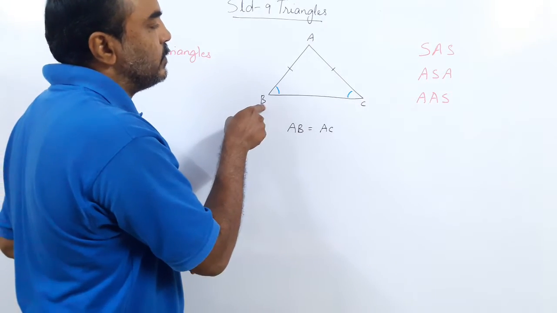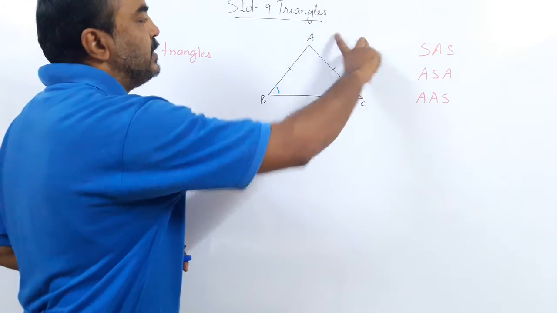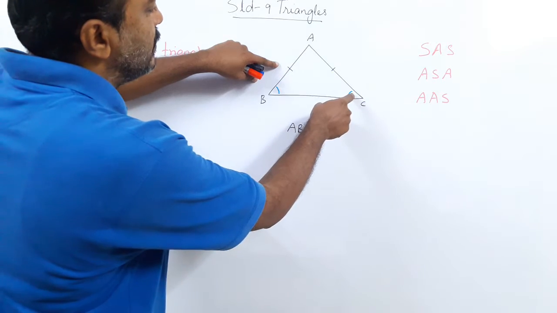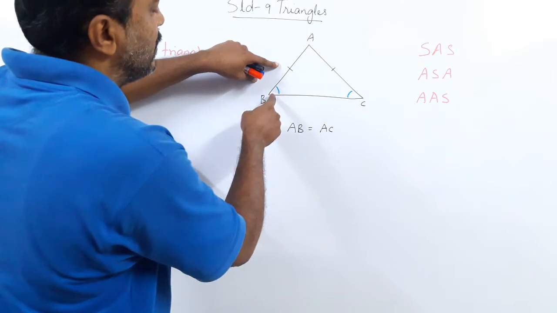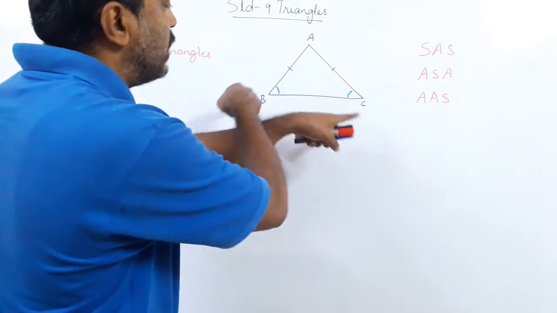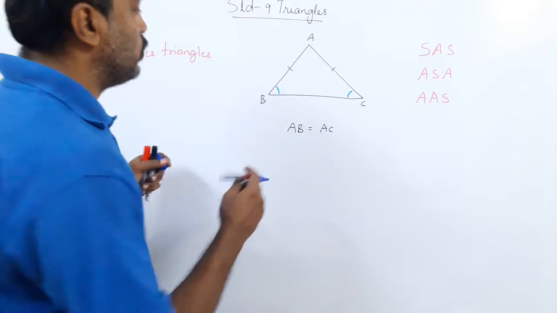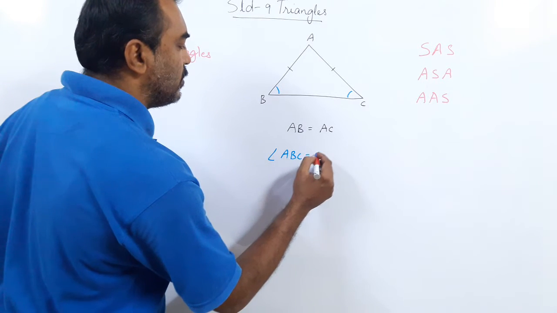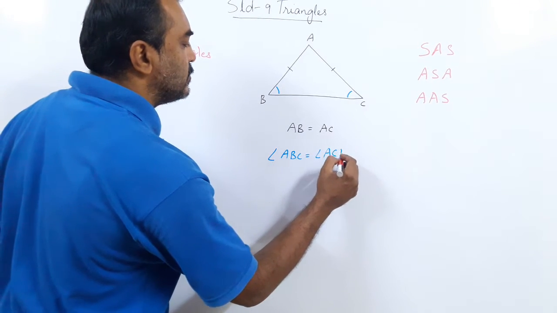Angle ACB. What is the angle opposite to AC? Angle ABC. Now if those two sides are equal, the angles opposite to them are also equal. So we have to prove angle ABC is equal to angle ACB.